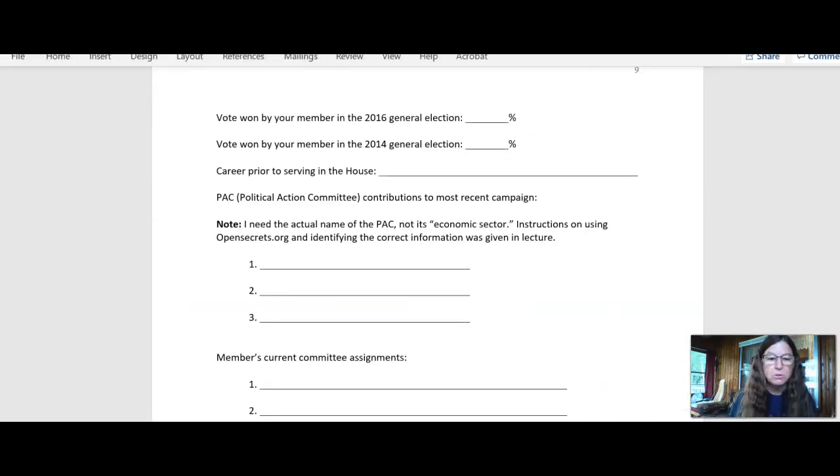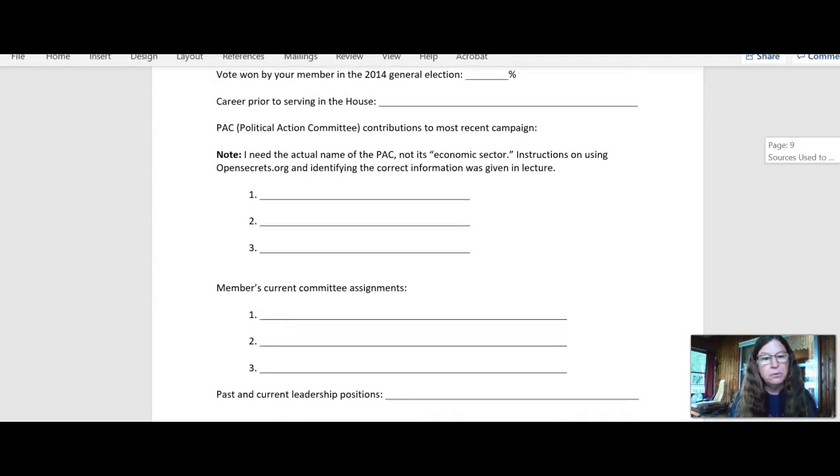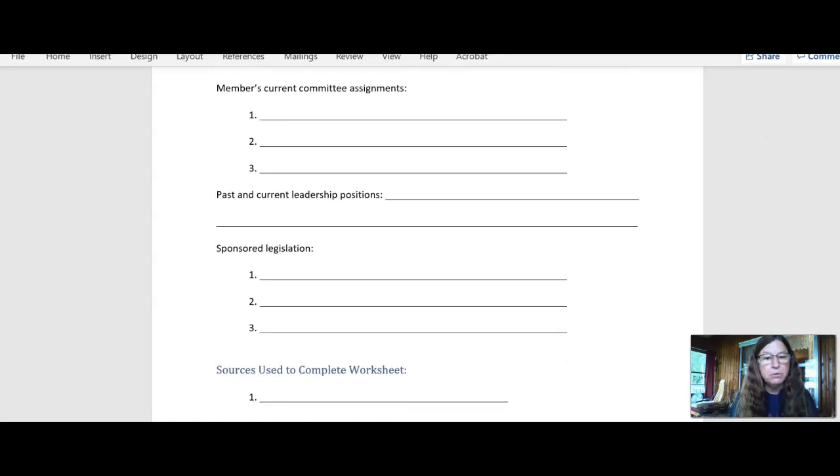As the semester goes on, we'll talk about PACs. So members' current committee assignments. Again, you might find that on the wiki. You might find it on a page that Carolyn Maloney has. You could look at house.gov and look that up as well.